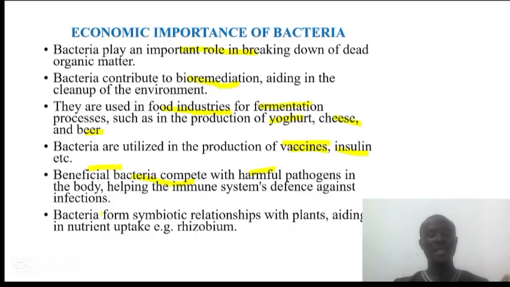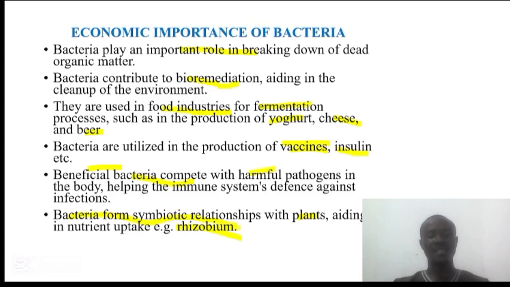And lastly, as we have on the slide, these bacteria form symbiotic relationships with plants. Some of them enable some plants to take up nitrogen directly from the atmosphere. An example of these bacteria is Rhizobium.